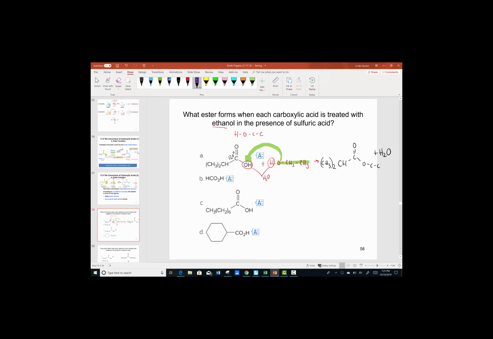Looking here, we're going to add the alcohol, same one again, the ethanol. So we have the OH, CH2, CH3. That is a formula for ethanol. We know to take the OH and the H, and we combine them to make water. So we always know a byproduct of producing the ester is a water molecule.